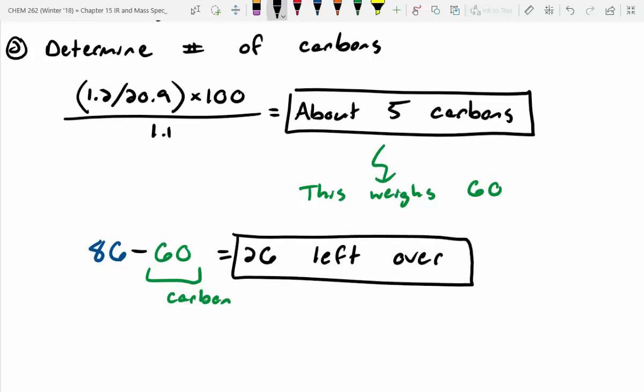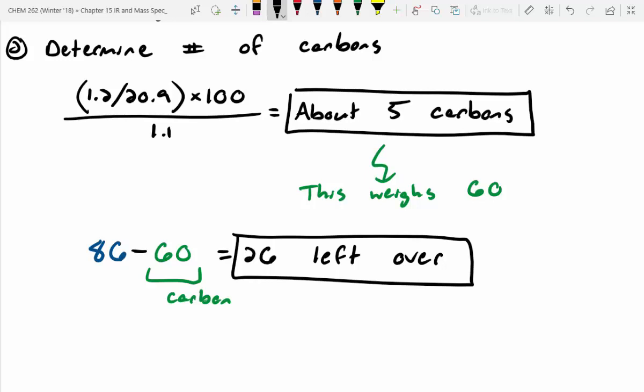All right, so let's go back to the nitrogen claim. Do you think we have nitrogens in this compound? How much do nitrogens weigh? 14. We either have 0, 2, 4, 6. Do any of those make sense? No, because if we had 2, that'd be 28 alone.